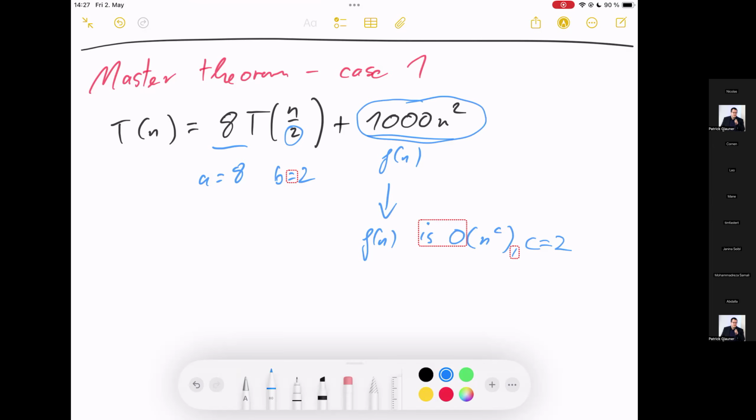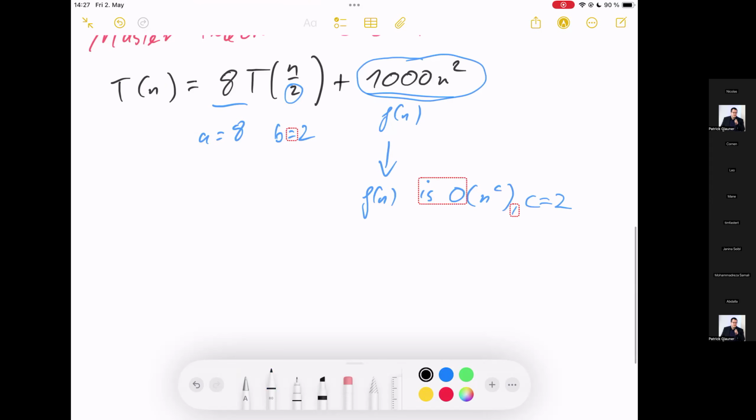What we need to compute now is the critical exponent. And the critical exponent, so C critical, is log B of A. So it's the log 2 of 8, which is 3. And 3 is greater than C, because C is 2.